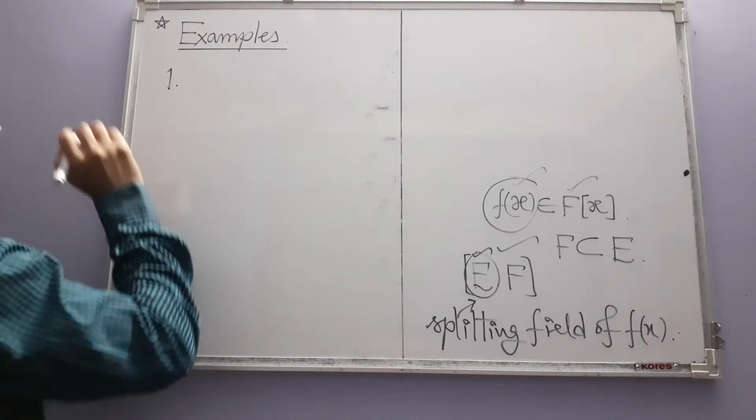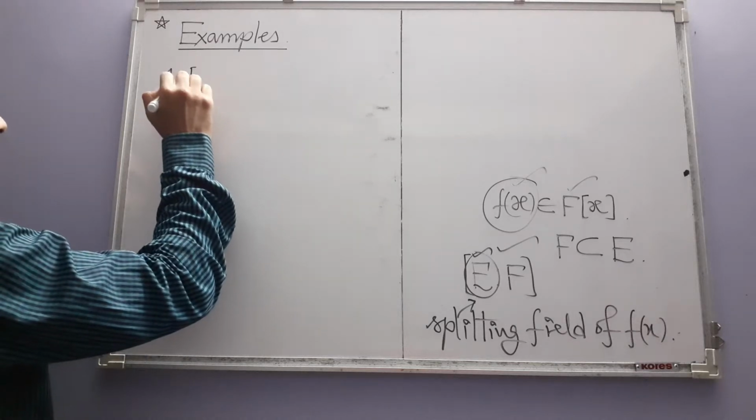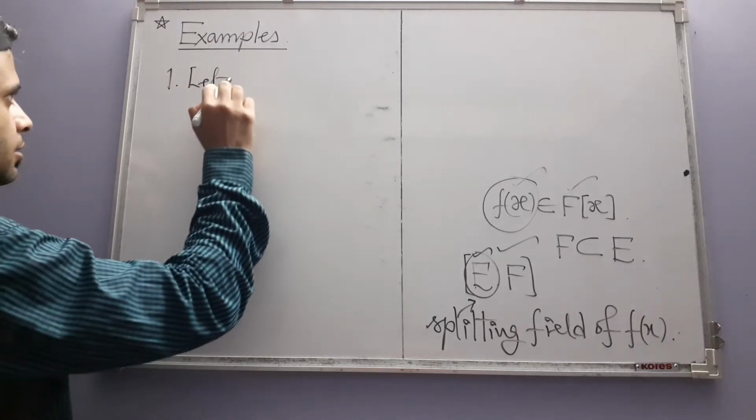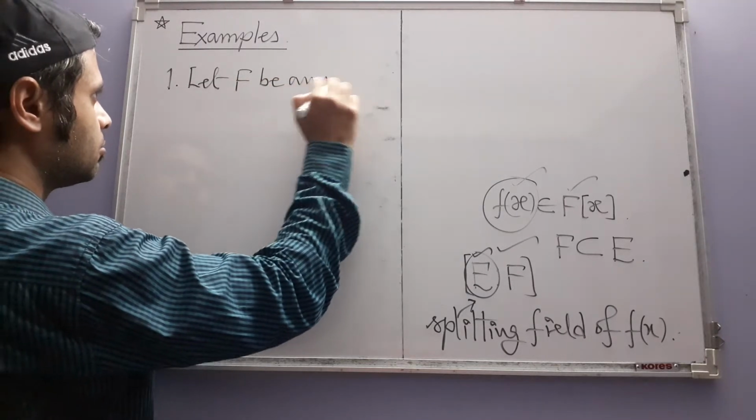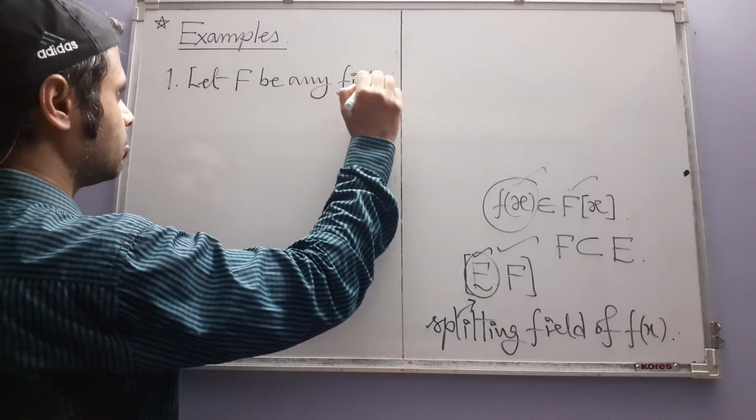So in the first example, the author starts off like this: let F be any field.